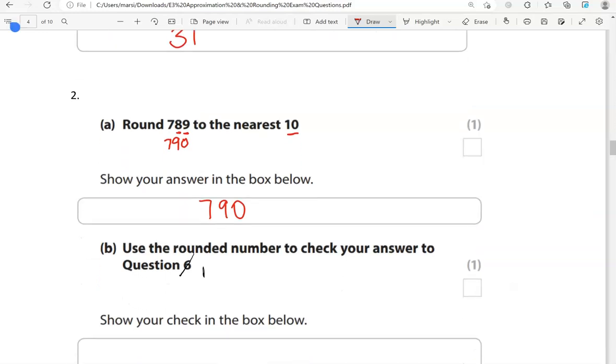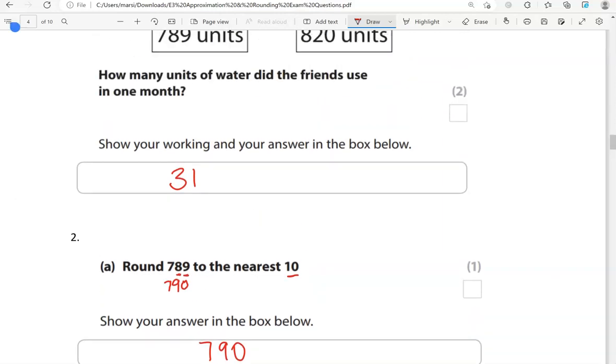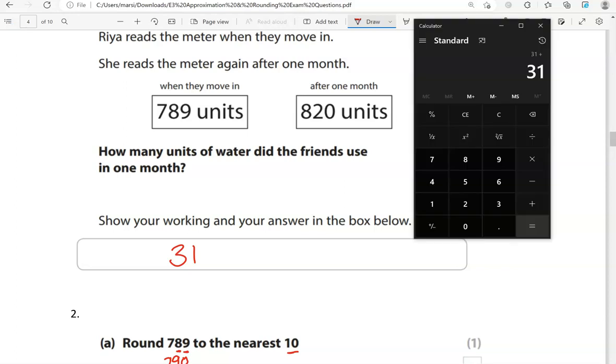Use the rounded number to check your answer to question 1. So 790. So we're going to take away 790 from the 820. 820 take away 790 gives us 30.